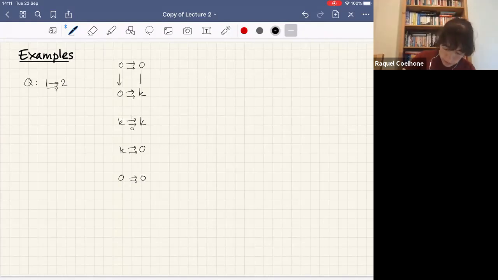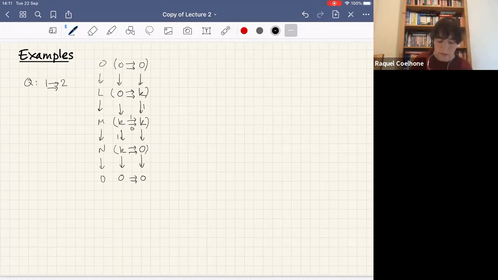We have morphisms between them, so this is obviously zero. If we put this here, then you can check that these are actually morphisms, and that this sequence, so this is zero, this is L, this is M, this is N, is a short exact sequence.